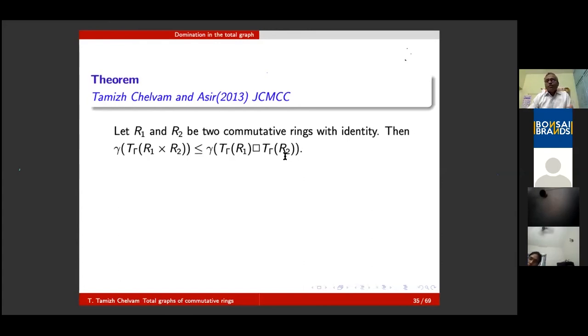Naturally, there are so many graph products. This is a Cartesian product of these two and its domination number. And we have proved that the domination number of the total graph of the direct product of commutative rings is less than or equal to the domination number of the Cartesian product of the individual total graphs.